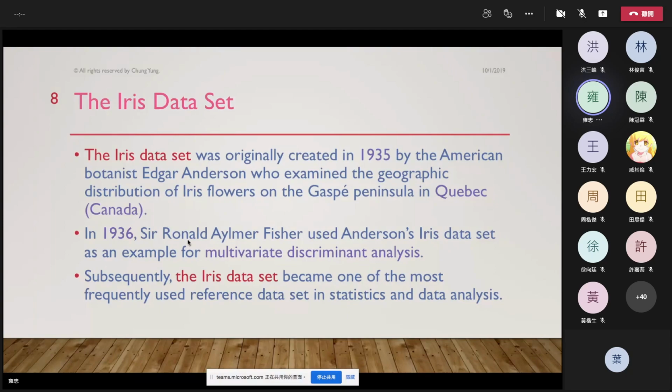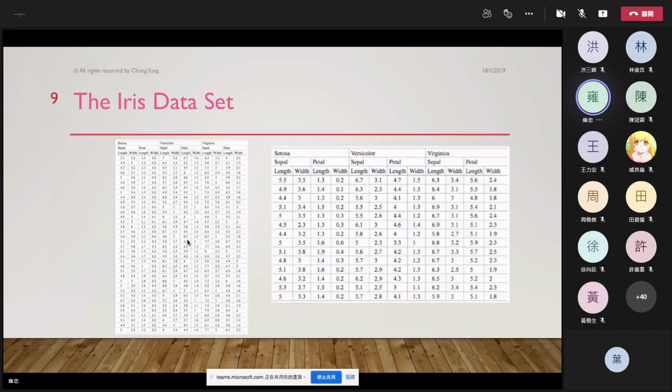And subsequently, the iris dataset became one of the most frequently used reference datasets in statistics and data analysis. So we are going to take a close look at it.